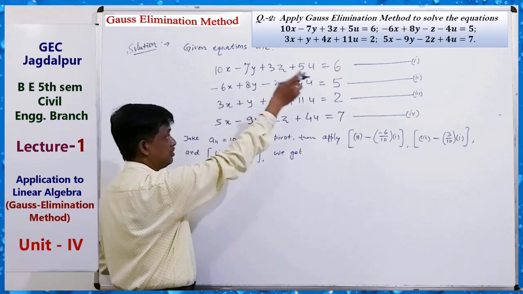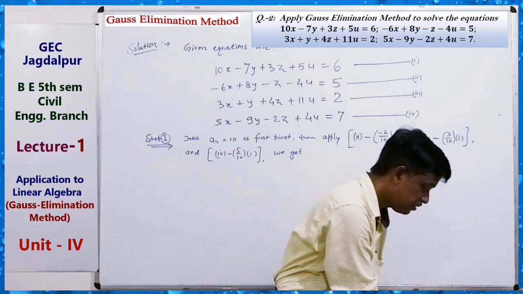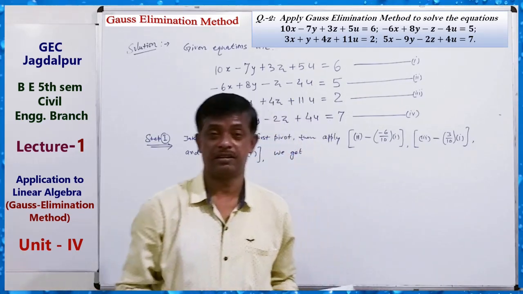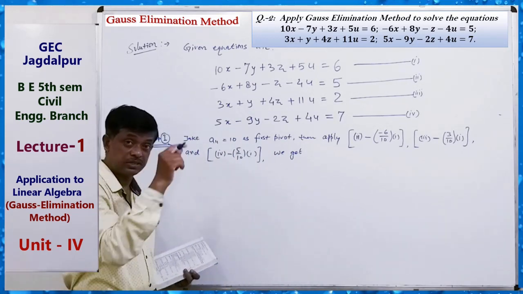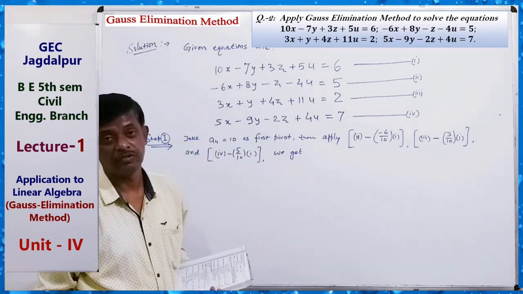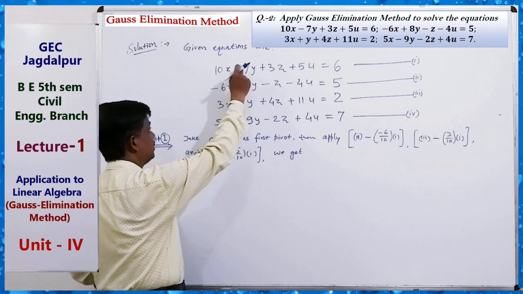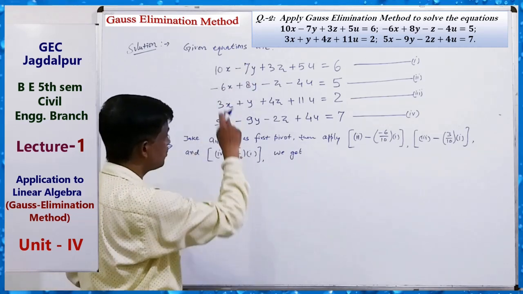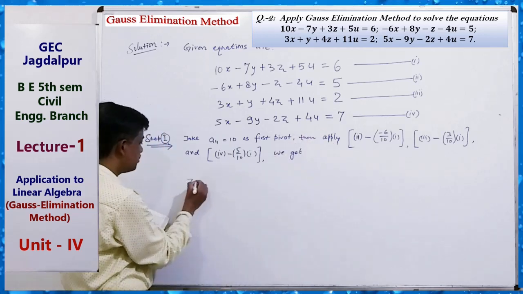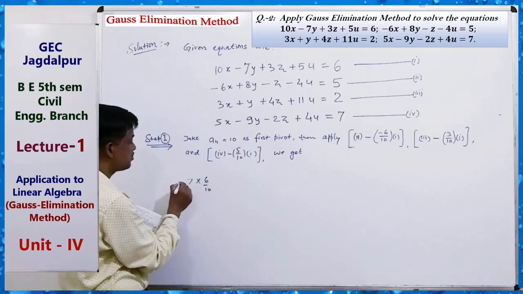So far, now just write its converted equations here. Subtract and use a calculator to find the value. What will be the value? So this is 0. Now here, 7 is multiplied by 6 by 10, minus minus plus will be there.